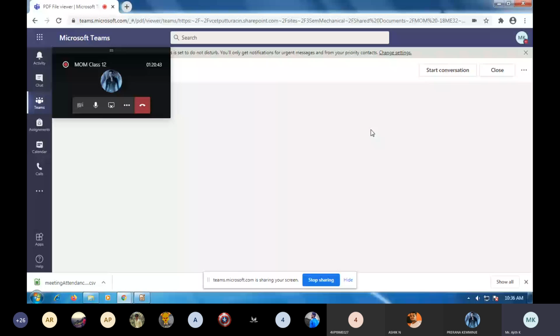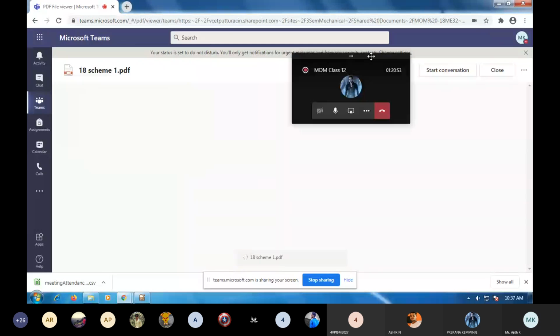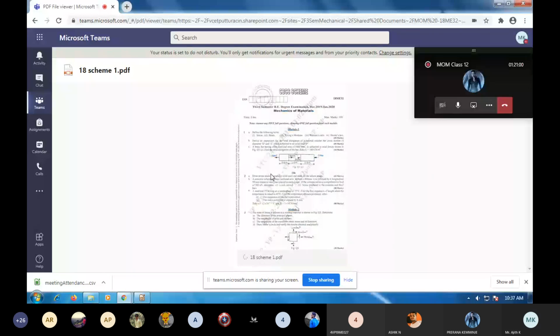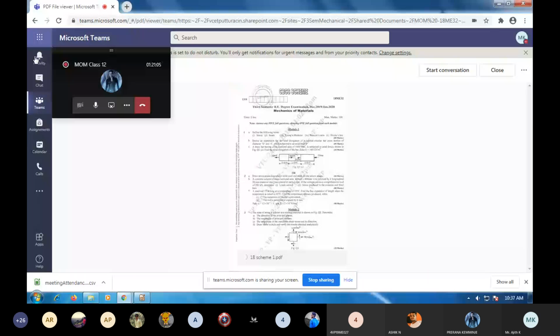You can find similar questions in the external exam. We'll show only one question paper, then we'll wind up. It's not loading, it seems. Yeah, it's loading here. I'm not able to zoom this. You can go through all the previous question papers, and you can find all similar questions in them.